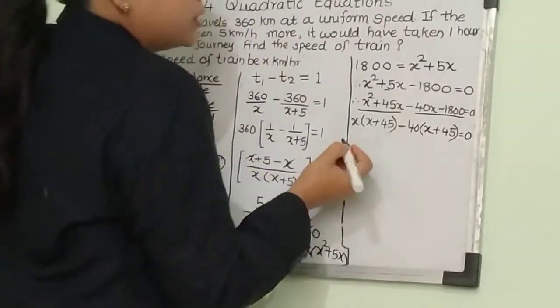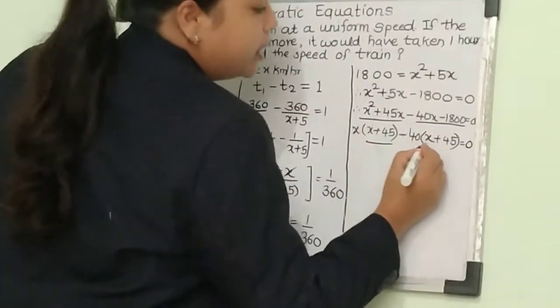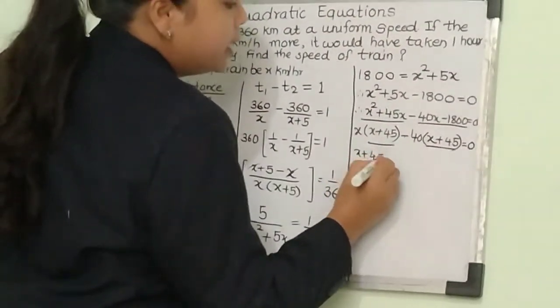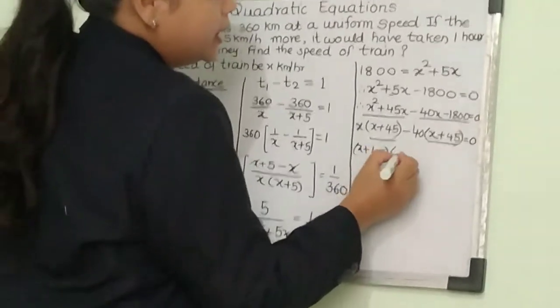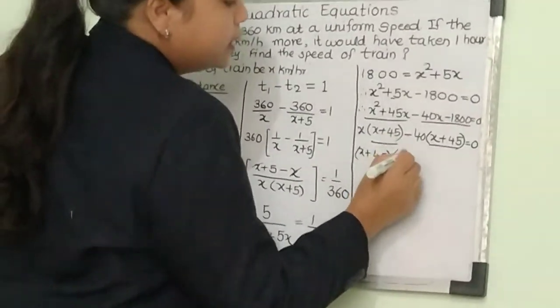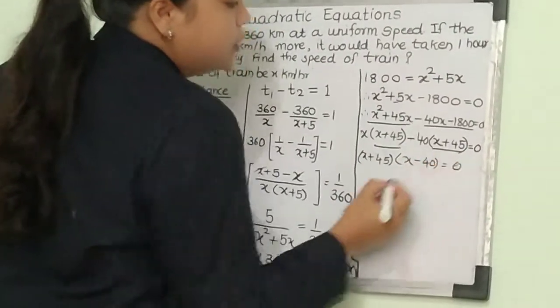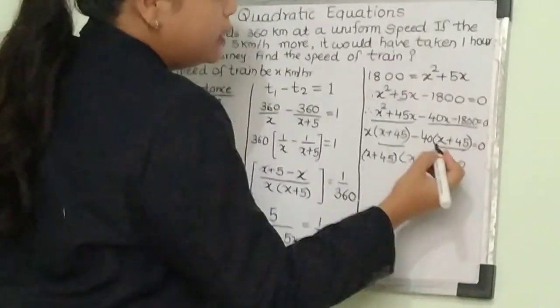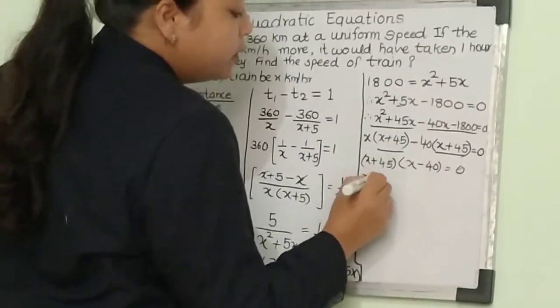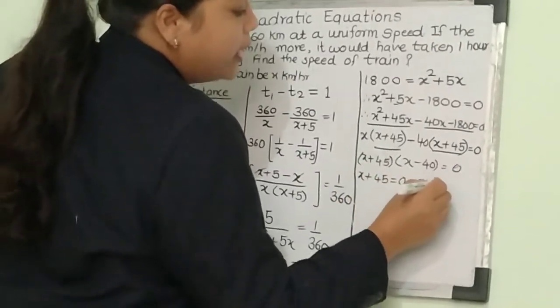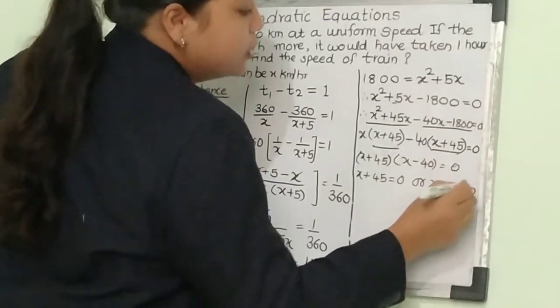So again here we can take common bracket x plus 45. So x plus 45 we can write as a common in one bracket, and non-common we can take in other bracket, that is x minus 40 equals to 0. Now we can equate with 0. So we can write here x plus 45 equals to 0 or x minus 40 equals to 0.